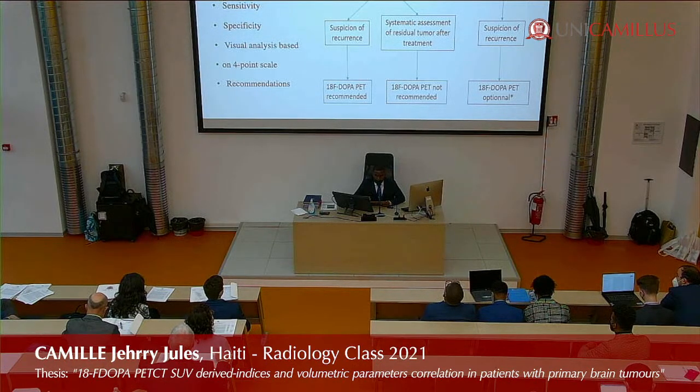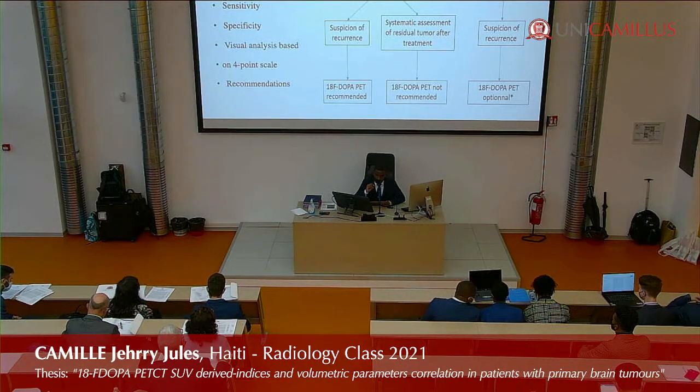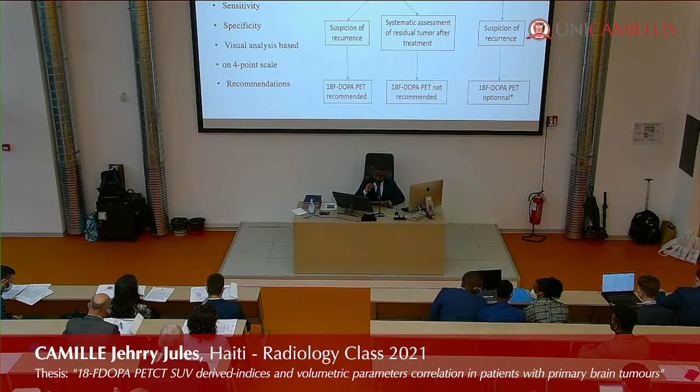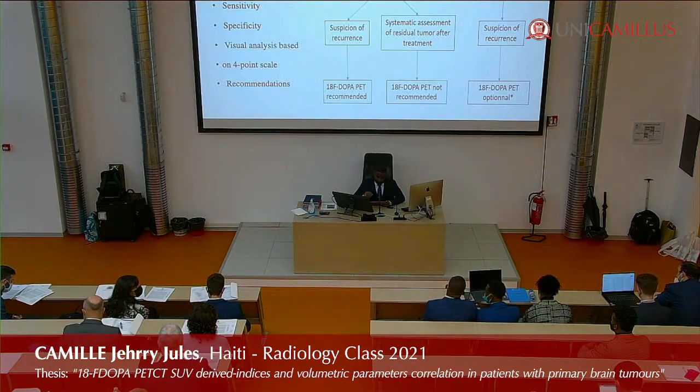About the specificity and sensitivity, when the tumor striatal ratio was 0.75, the maximum sensitivity was 100%, and the specificity was 86%. But when the tumor striatal ratio was 1, the sensitivity was slightly reduced to 92%, and the specificity was 95%.